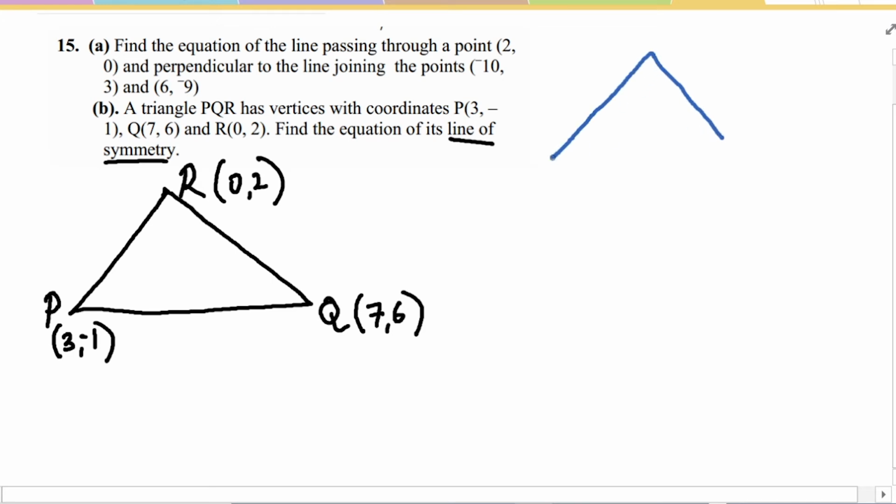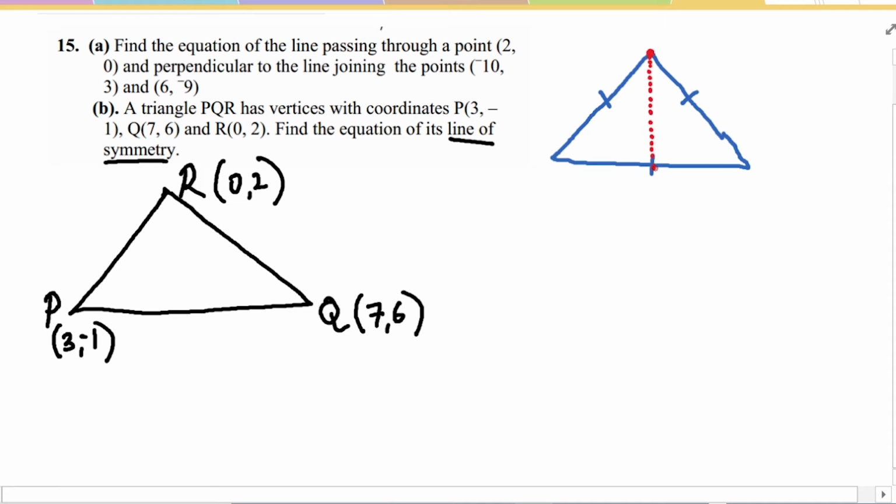If we have a triangle like that, and this side and that side and that side are the same, then that triangle is called an equilateral triangle, right? And so if it is an equilateral triangle, meaning that all its sides are the same, its line of symmetry can be a perpendicular dropped from that point to come down.